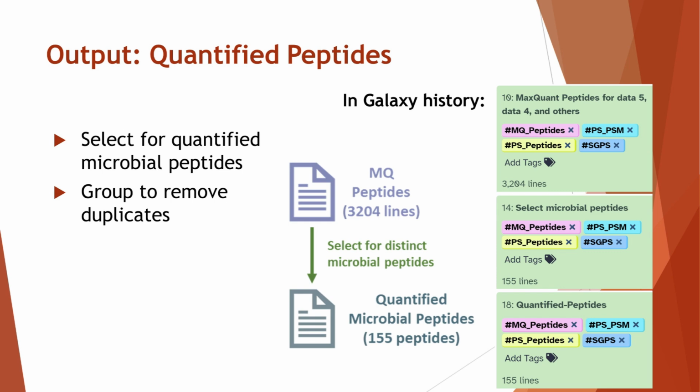Also remember that microbial peptides are in much lower abundance relative to human peptides in our samples, so we will get a much smaller number of quantified microbial peptides compared to the total number of peptides in the peptides file. In the next and final module, we will show you how to visualize and interpret the outputs from this module.